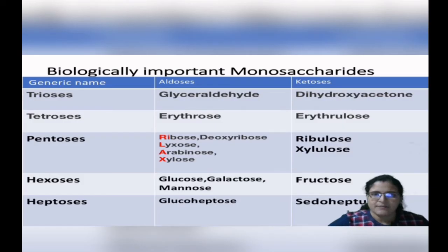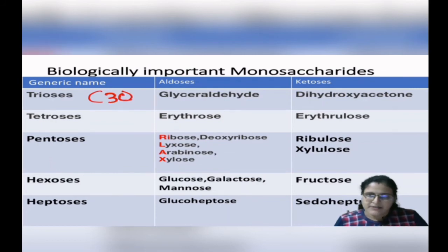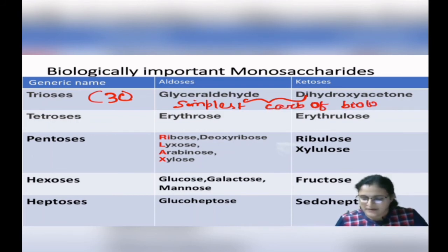Then coming to some biologically important monosaccharides. First about the trioses, they contain 3 carbon atoms. Glyceraldehyde is an aldose and dihydroxyacetone is a ketose. They are the simplest carbohydrate of biological importance.